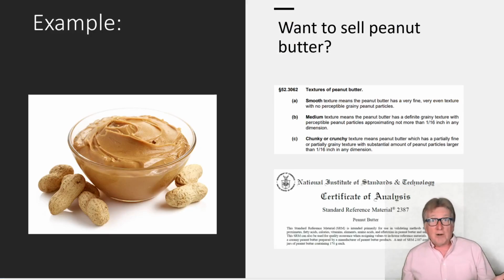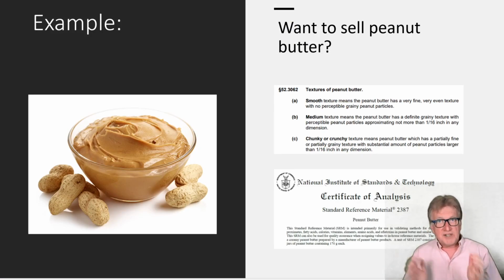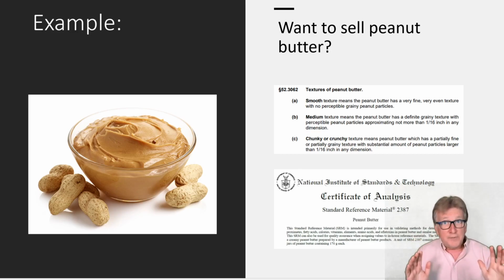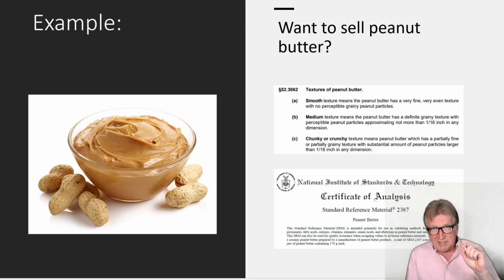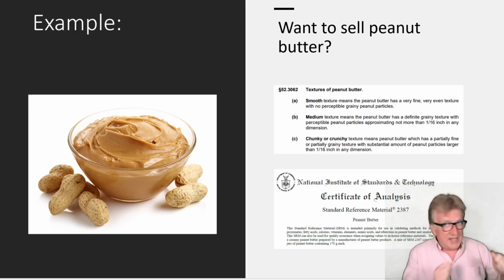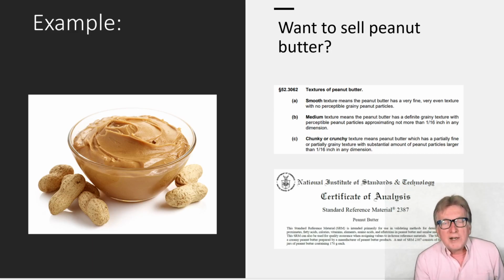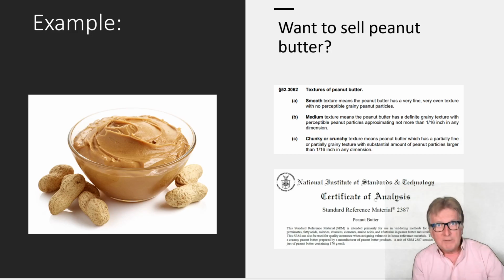How about the food area? So this is machinery systems, natural resources, environment. How about food? Yeah, in food, definitely. There are probably as many standards in the food industry as in any other industry. Here's one that's kind of fun. If I'm going to put a new peanut butter product onto the market, and I'm going to call it peanut butter, there are very specific standardized requirements. The one at the top is if I'm going to call it chunky peanut butter.